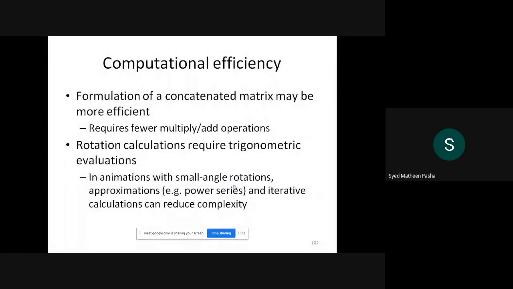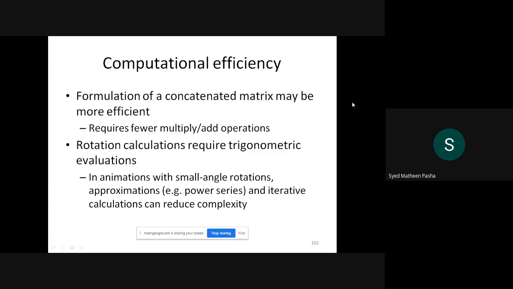Then we have something called computational efficiencies with respect to transformation. So what is this computational efficiency with respect to transformations? Let's see how this happens. First, in computational efficiency, what do you mean by efficiency?